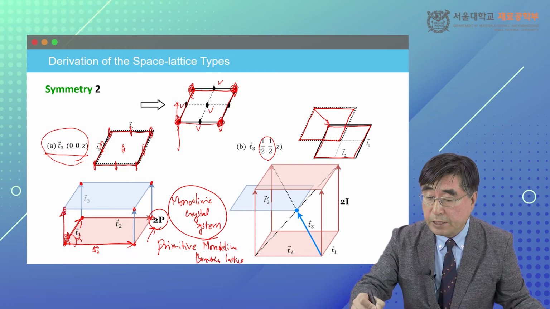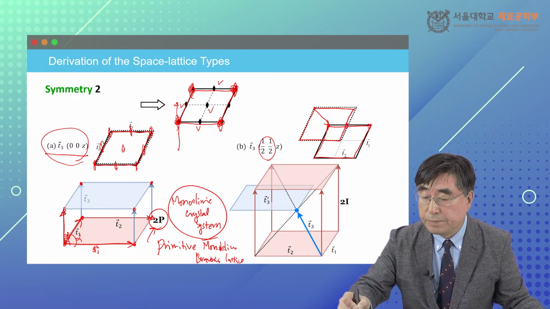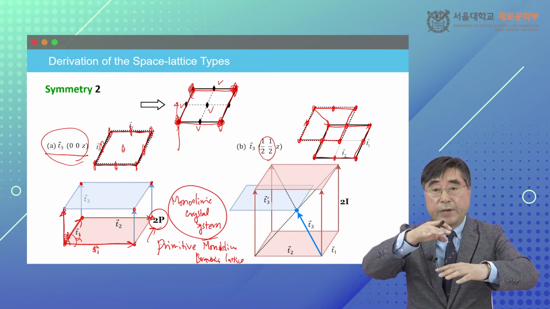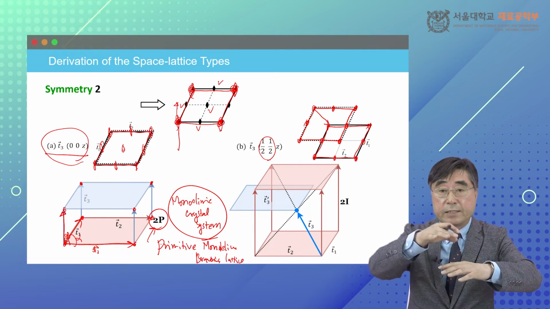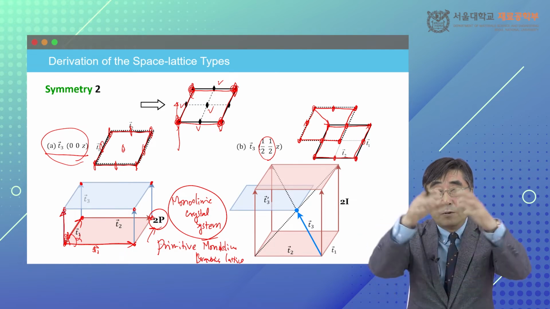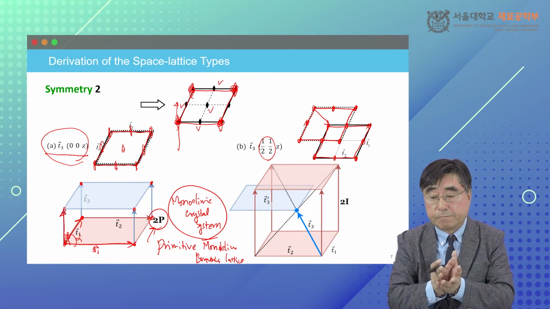Then as you see, all the two-fold rotational axes are now preserved. Okay, so this is two-fold, two-fold, two-fold, two-fold, two-fold. So if you put it at this half G position of the next level of a plane net, starting from two-fold symmetry, then all the symmetry elements are preserved.